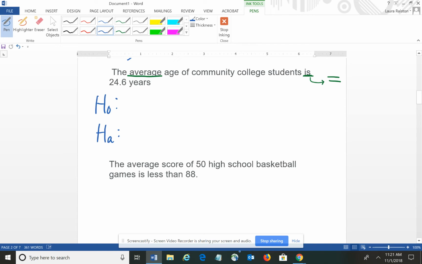The one given in this problem, because it implies equal, would be the null. So we have the mean is 24.6 years. Again, knowing that the two hypotheses are opposites of each other, the alternative would be the mean is not 24.6, because the opposite of "is" would be "is not," or not equal.